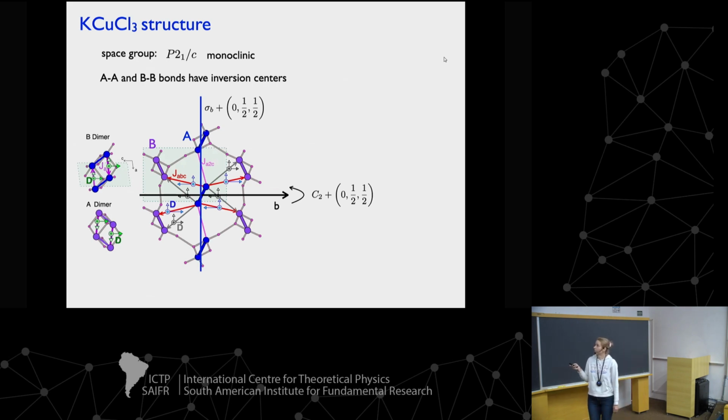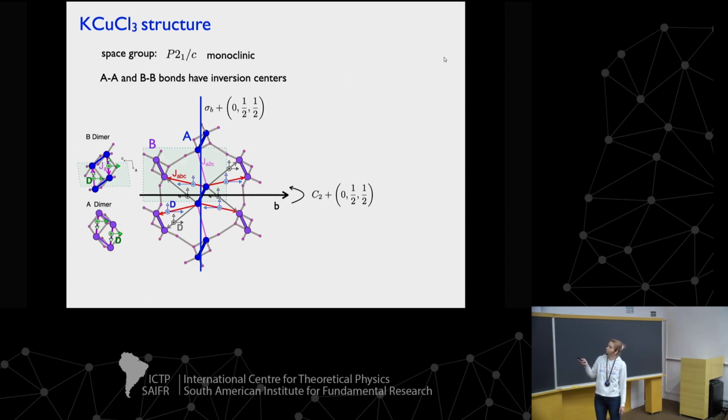The symmetry of this system is actually very low. We have inversion on the dimers, in the middle of the two types of dimers, and also on this magenta bond here, though it's not really visible. We also have a mirror plane, sigma b, that is paired with a half translation in the b and c directions.